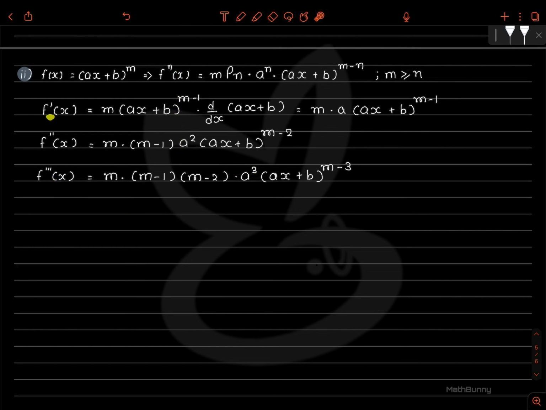If we differentiate one time, the power of a is 1. If it is differentiated twice, the power of a is 2. And if it is differentiated thrice, the power of a is 3. So now we see the pattern.